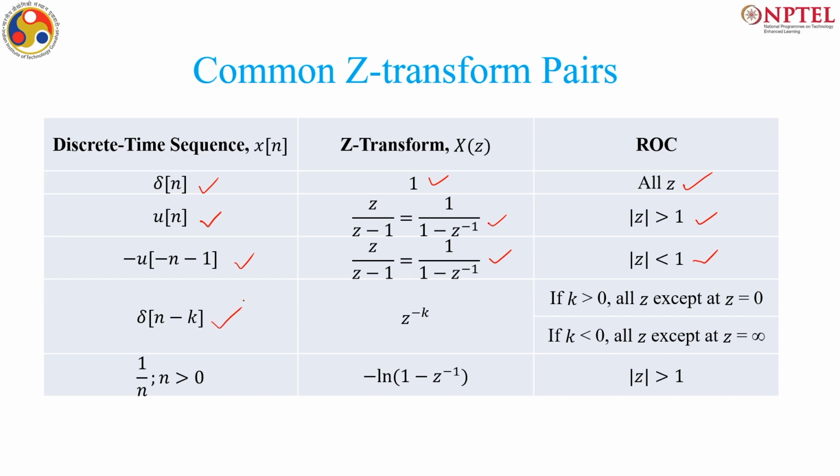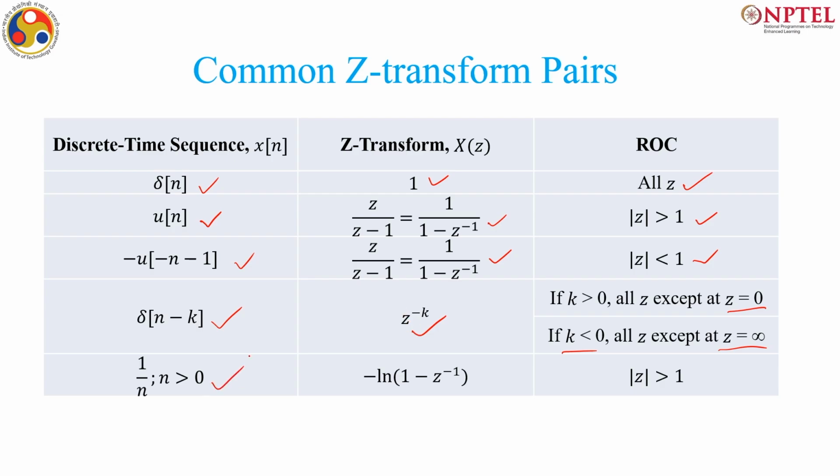Then the delayed impulse delta of n minus k. So, this will give you Z power minus k, and if k is positive, then the ROC will be the entire Z plane except Z equals 0, and if k is negative, it will be the entire Z plane except Z equals infinity, and that is very easily seen from the transform.